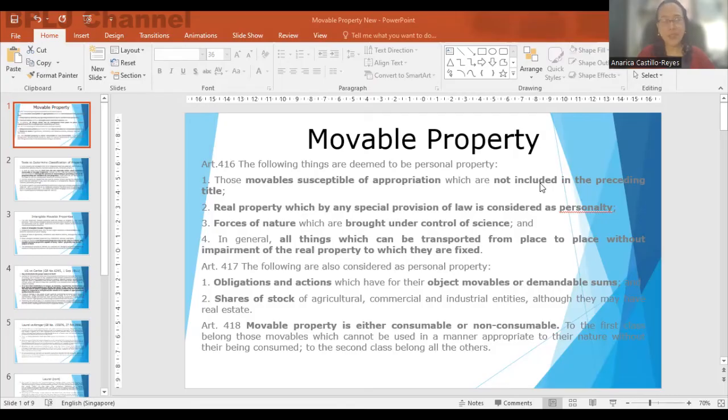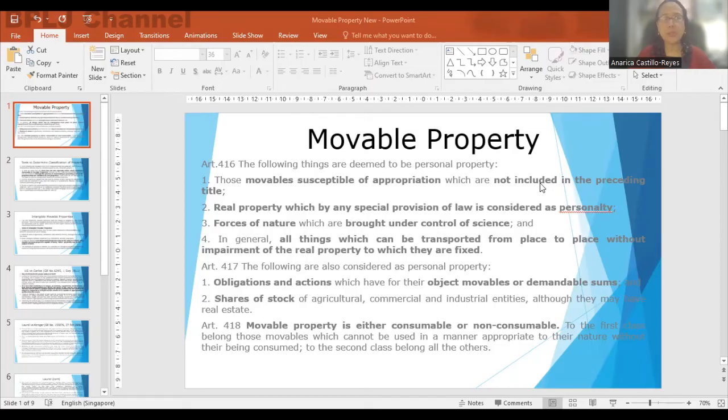Another one are shares of stocks in agricultural, commercial, and industrial entities, although they may have real estate. So a share of stock is considered as a movable property.